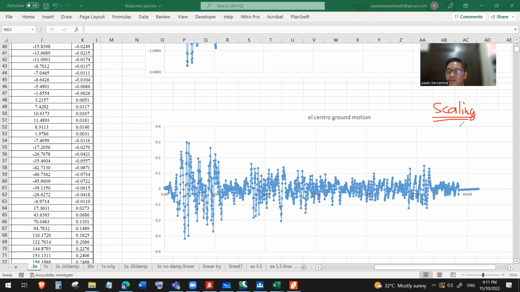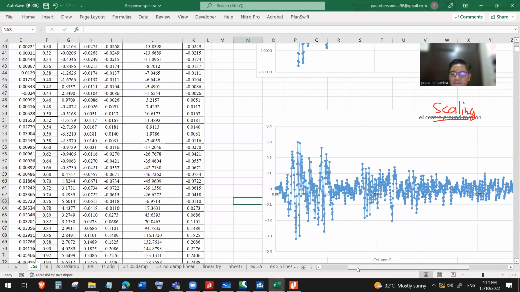Hindi naman nangyayari yun. So let's say merong 0.3 g. In order to comply with the code sa non-linear analysis, kailangan mo siyang scale up from 0.3 to 0.4. That's another topic. So may scaling na tinatawag.